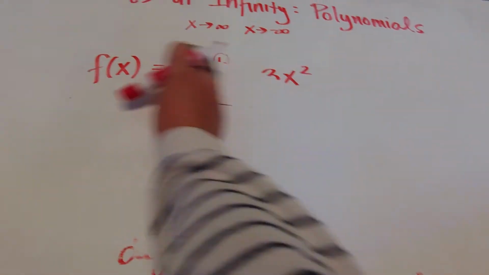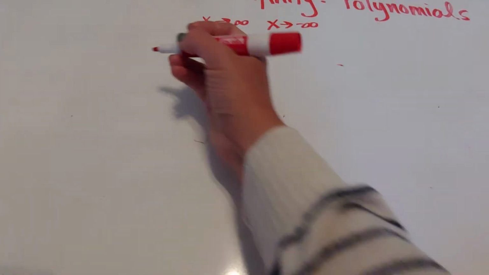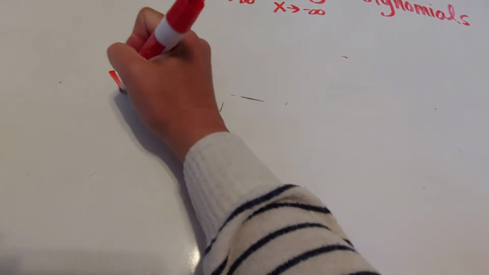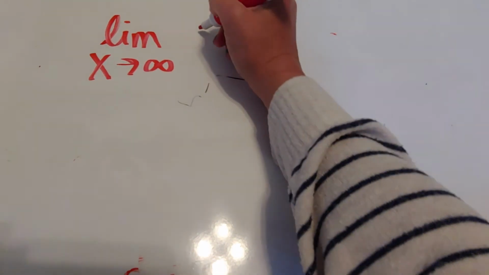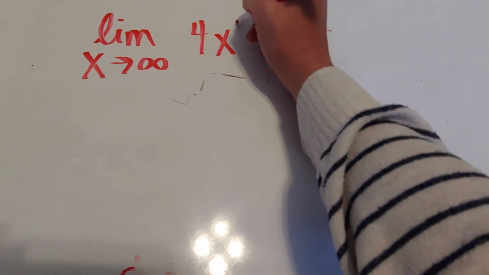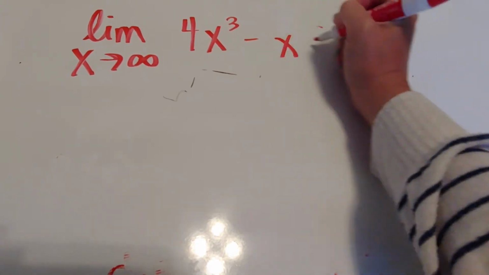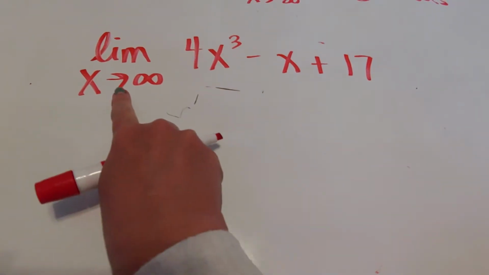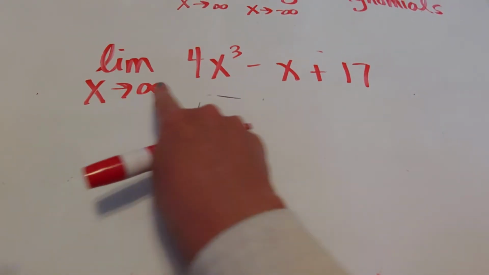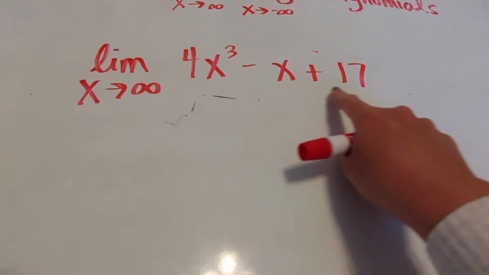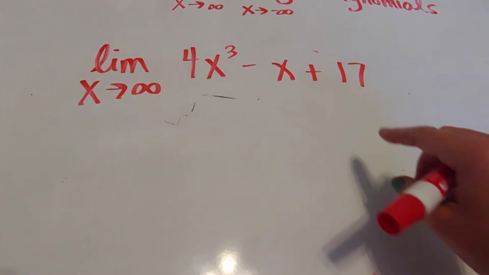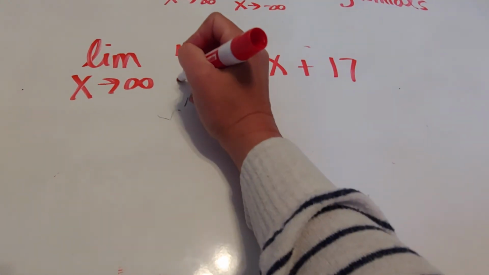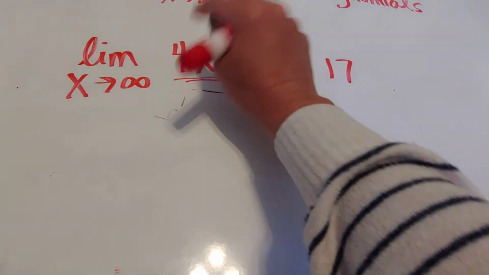So if we were to write the limit as x goes to infinity of 4x cubed minus x plus 17, and I want to know what is my limit. So I want to know, does this graph level off? Does it blow up? Does it go really far down? So the leading term is an x cubed. It's positive.